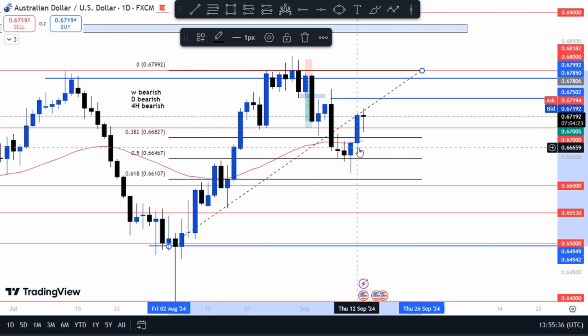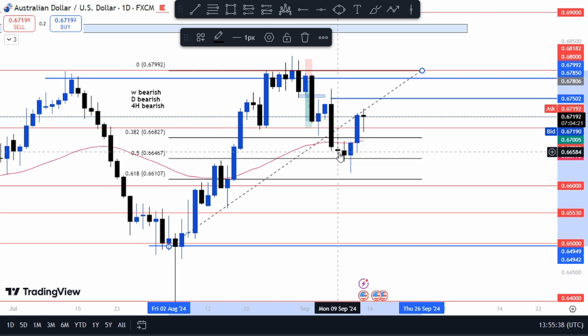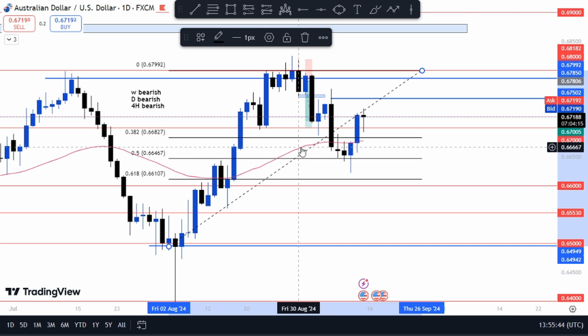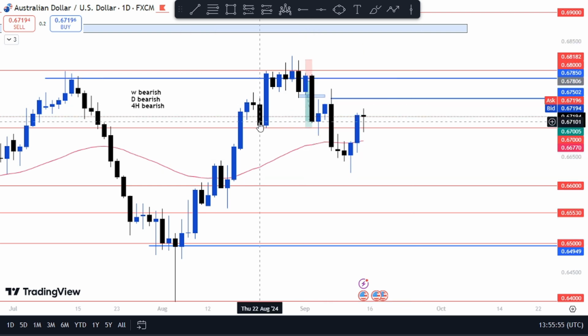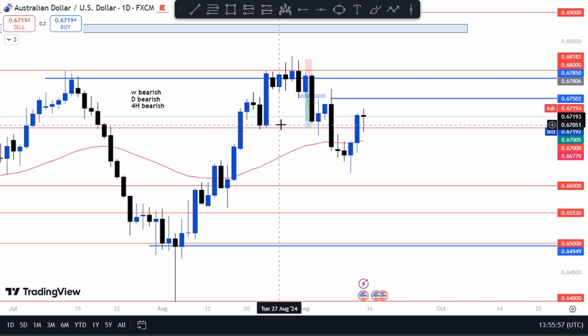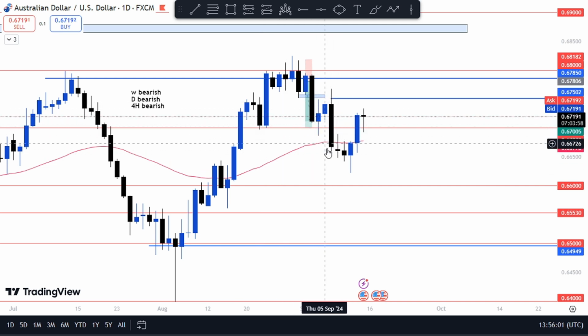Then I realized that the market has approached the 50 percent Fibonacci level, and it has touched my 50 moving average. So I realized that this market could probably push all the way to the upside to retest this resistance level here, because the daily has closed down, telling us the daily is bearish.